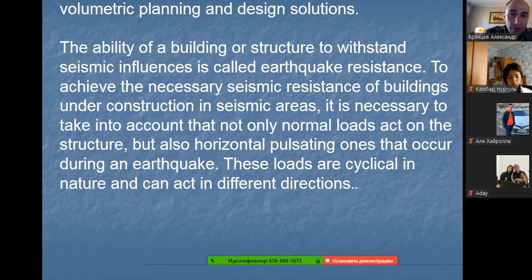And horizontal loads are loads which act directly from horizontal positions, in the transversal position. Wind can be called a horizontal load, and the seismic load is also considered a horizontal load.